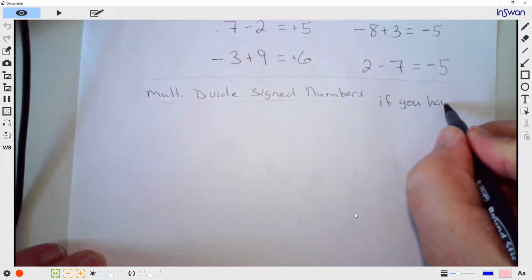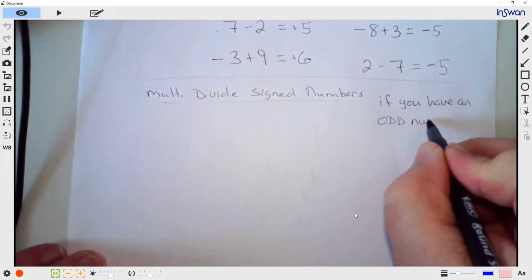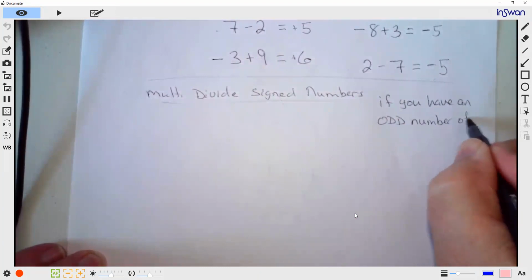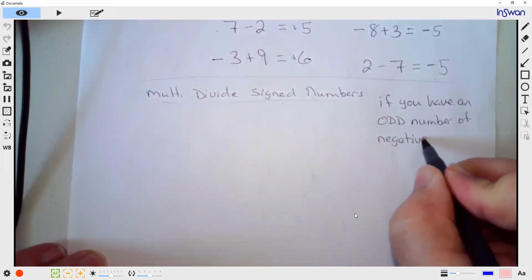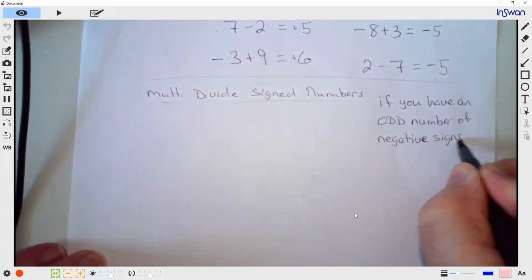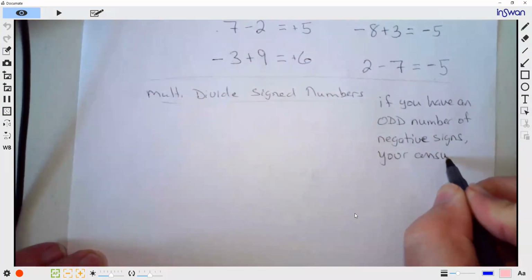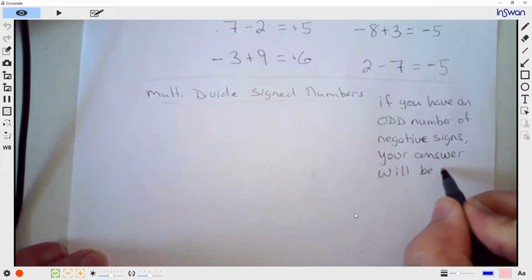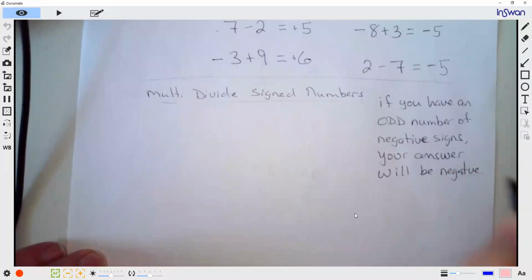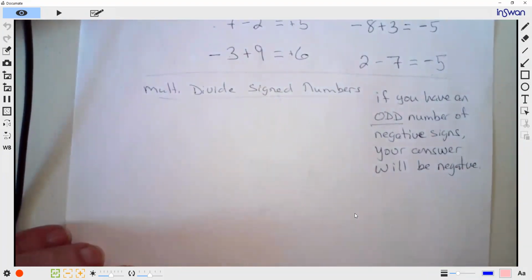If you have an odd number of negative signs, your answer will be negative. If you have an odd number of negative signs, your answer is going to be negative.